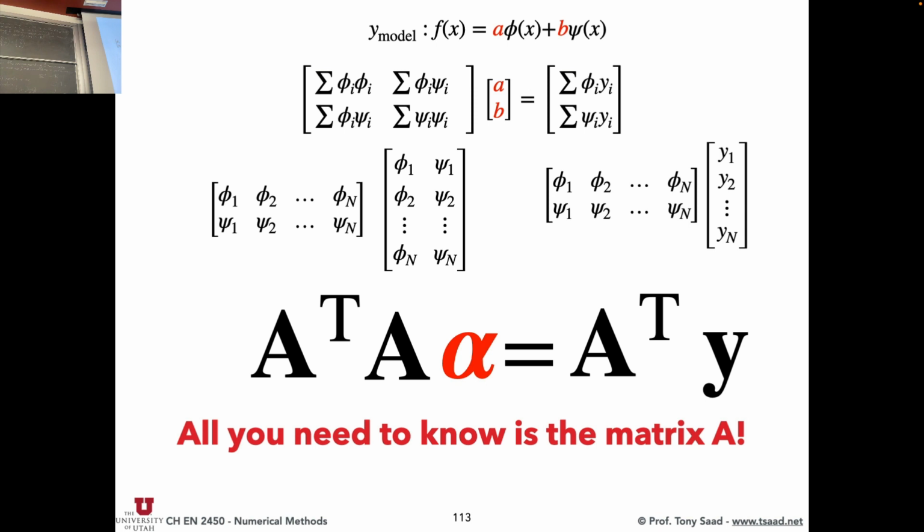It contains the first basis function, second basis function, evaluated at all the data points. It's the simplest thing you could do to build the normal equations. All you need to know is your regression model and the input data. So you know A, then you can build the normal equations.